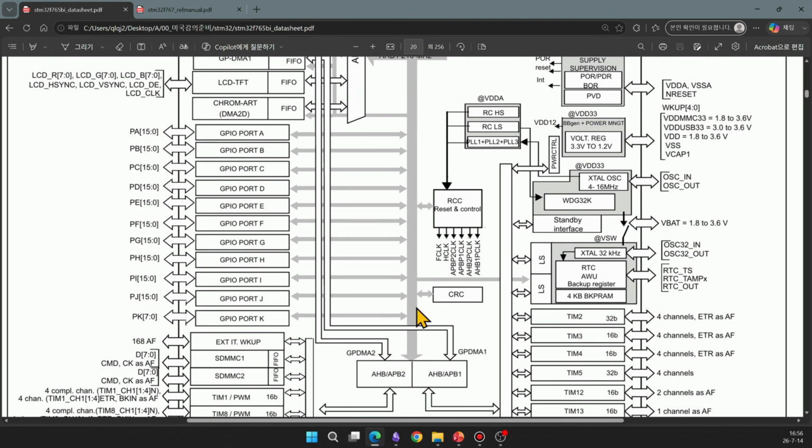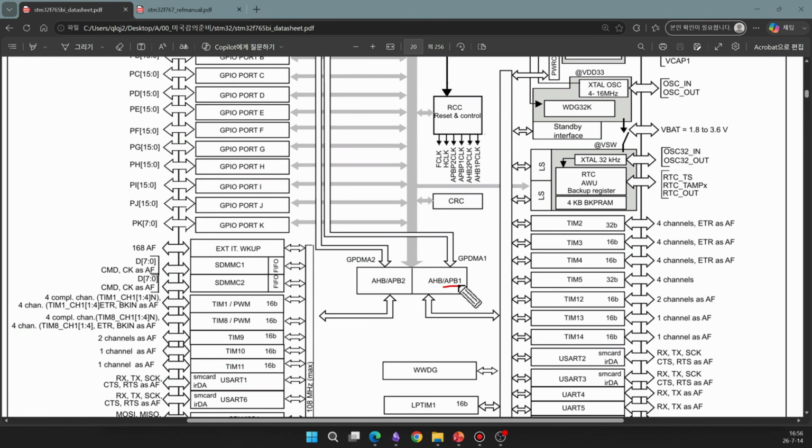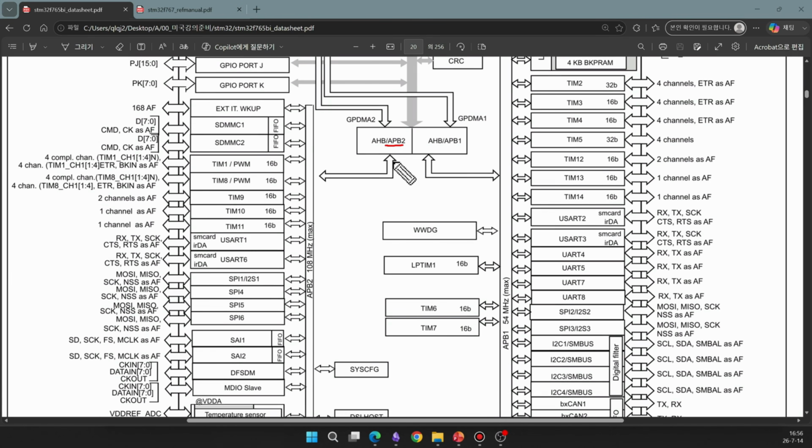Then, if we go a bit further down, this bus branches once more, splitting into what are known as the APB1 and APB2 buses. It branches off this way. So if we look at APB2 first, this particular bus can operate at speeds of up to 108 MHz. Thus, in this specific case, we can operate it by exchanging data with different modules such as the timer, UART, and SPI communication interfaces.